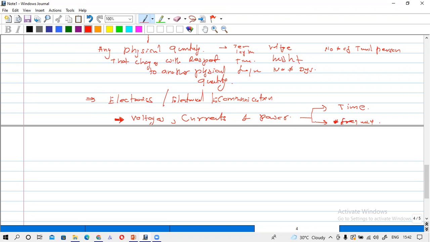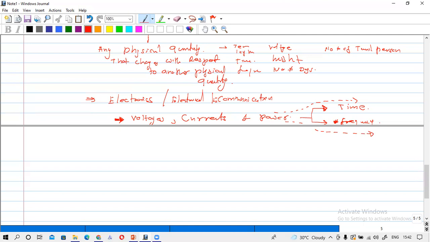But voltage, current, and power can change according to time. So you can understand this, it is very straightforward. The other things you may not understand now, but later we will see what that is.